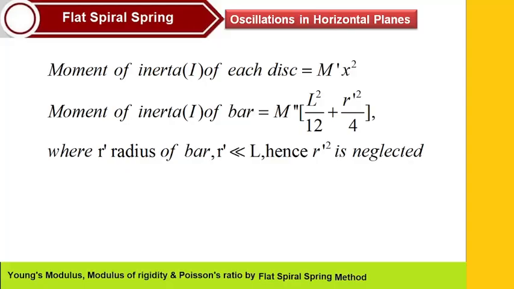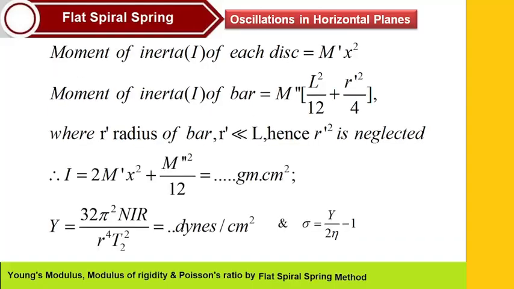Hence r dash square is to be neglected. So therefore capital I is equal to twice capital M dash x square plus capital M double dash L square divided by 12, equal to dash dash gram centimeter square.